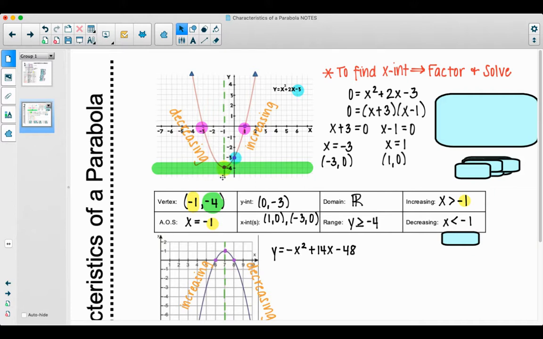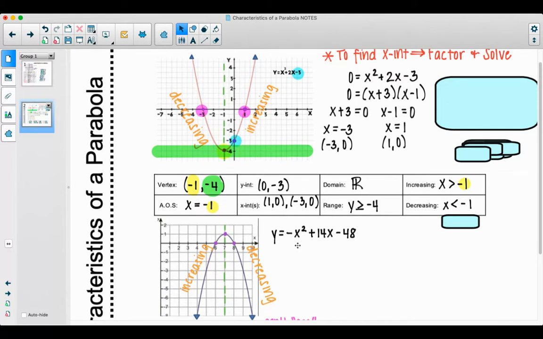So use this vertex point to help see that we're decreasing, going down on the roller coaster, and then we're increasing, we're going up on the roller coaster. We write this as an interval, so we use our inequality notation to help us out. Here we have that parabola, that upwards U shape, making our vertex that minimum.